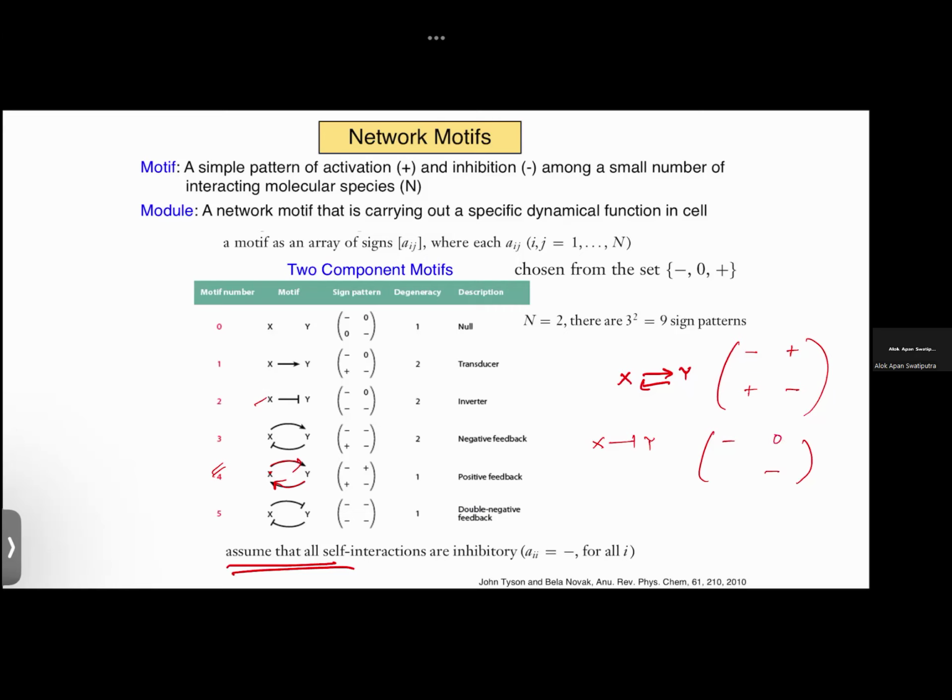But how X is affecting Y is inhibiting, so it's minus. So this is the XX interaction, and this is how Y affects X. This is how in a matrix format you can represent the systems. Make sense?